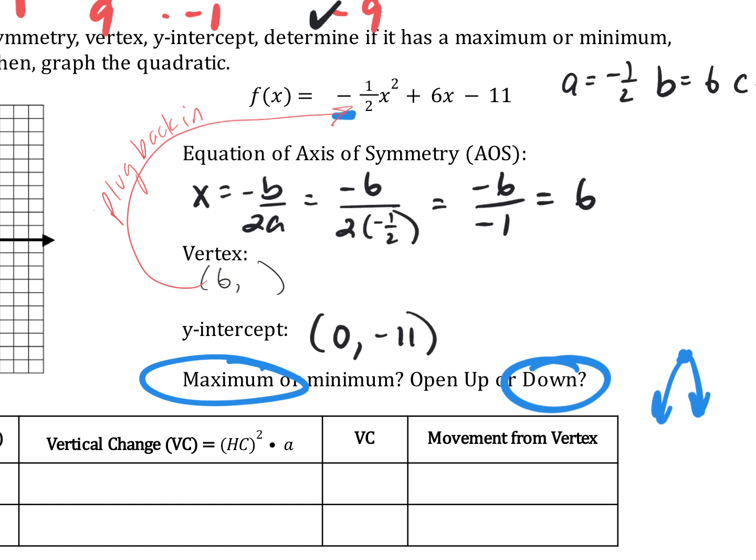So if I plug it in, I'm going to go -1/2 times 6 squared plus 6 times 6 minus 11. When I get that, I get 36 times, oops, I put that in wrong. 36 times, so I get -18 is my first number, plus 36 minus 11.